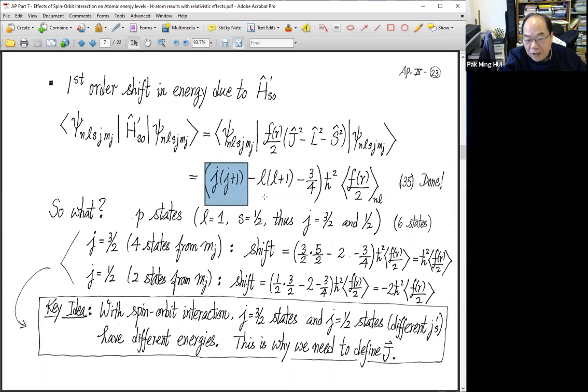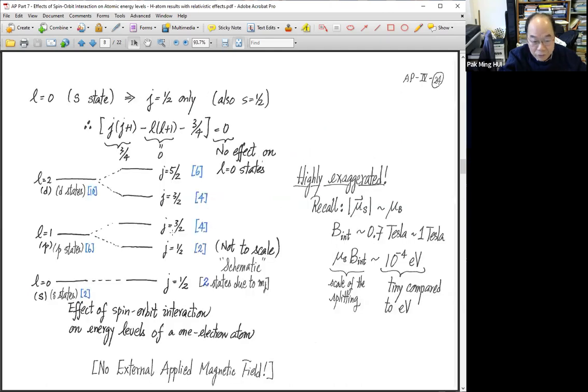When J is half, this cancels out the term, all right? So no shift. P state, the 6 states there will split into J equals half and J equals 3/2. Behind this, there are 2 states. There are 4 states. The degeneracy is partially removed, not completely, partially, okay? 6 become 2 and 4.